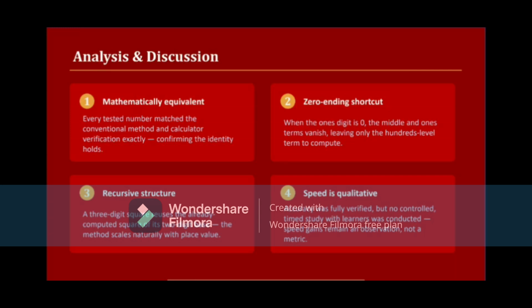Third, recursive structure. A 3-digit square reuses the already computed square of its 2-digit base. Thus, the method scales naturally with place value. And fourth, speed is qualitative. Accuracy was fully verified, but no controlled time study with learners was conducted. Thus, speed gains remain an observation, not a metric.